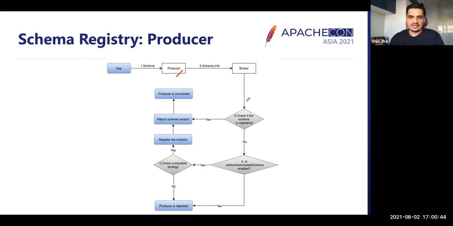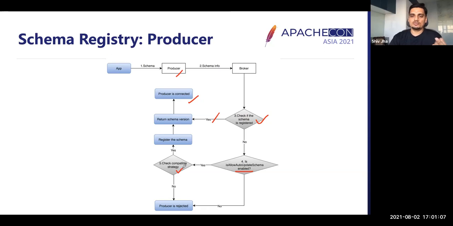If it is already there, it will accept it, connect the producer, and you can keep producing data. If this schema was not registered already, it will check if you have enabled auto update.